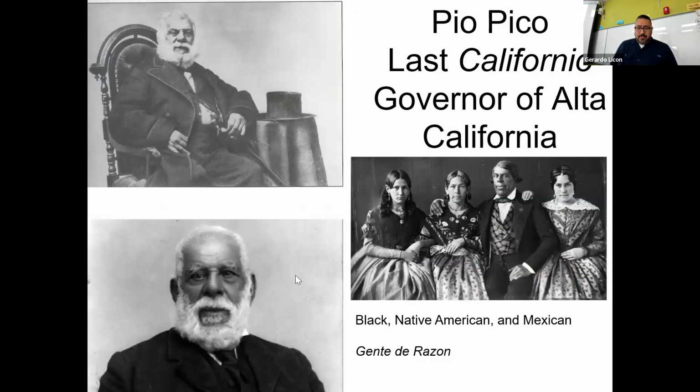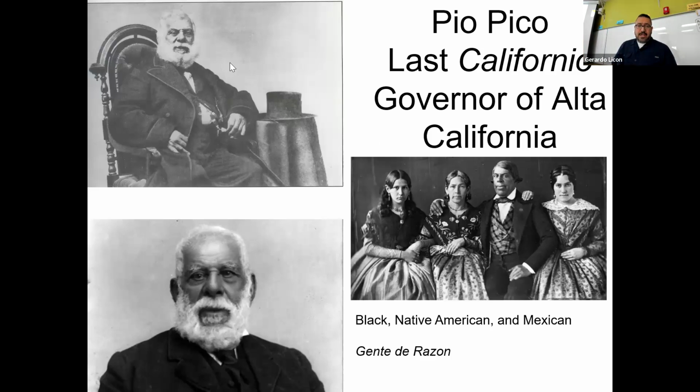A few pictures of Pio Pico, the last governor of Alta California. Baja California stayed part of Mexico. Alta California became part of the US. And so we got rid of the Alta, we just call it California. A few pictures of him. And again, you could see how he is dark.